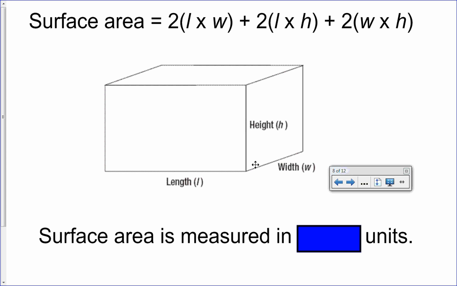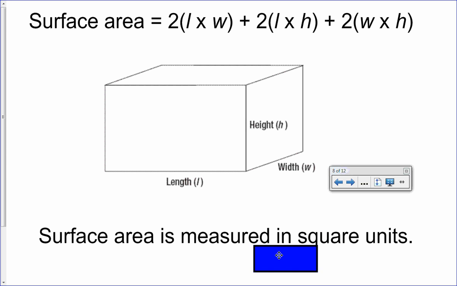That will give you the area of all 6 faces, which you can then add up to get the total surface area. And just as in two-dimensional area, surface area is measured in square units.